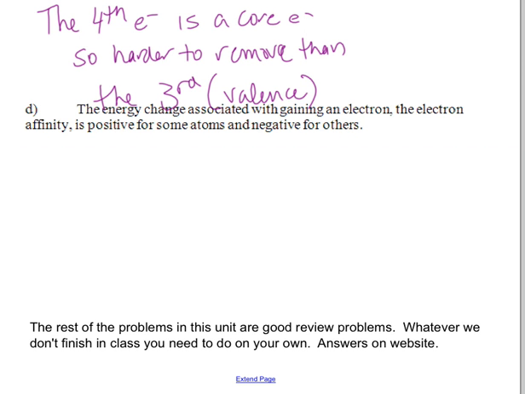And what kind of energy is that? You've got to go back to the question. What does requiring energy translate to? Positive. So some atoms require energy to take an electron, which is positive energy values. Other atoms will release energy upon accepting an electron, which is negative.